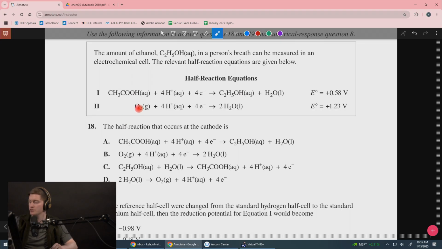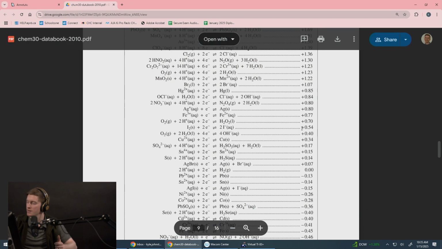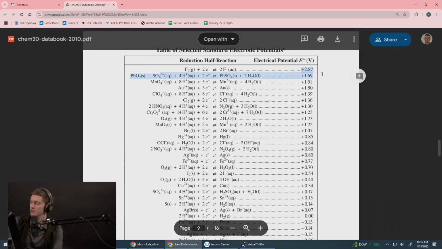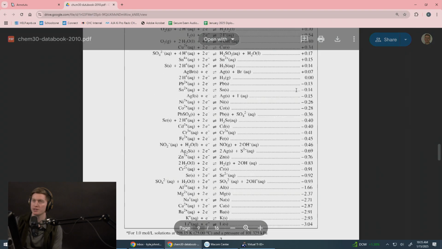And then oxygen plus 4 protons plus 4 electrons becomes our water. Here are our two reactions. They're not given to us in the order that you might be used to in the redox table. In the redox table, you go from a higher electrical potential on the top down to a lower electrical potential on the bottom.